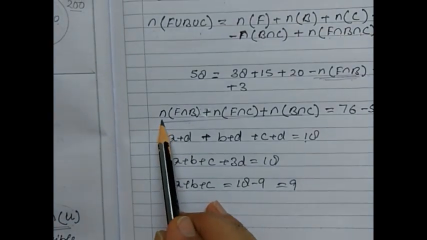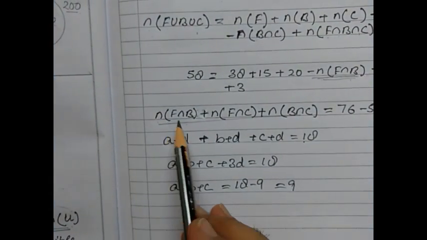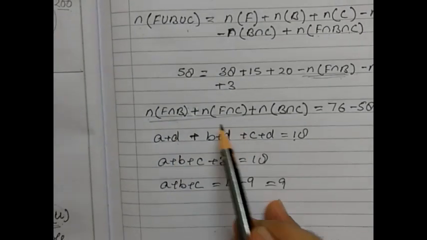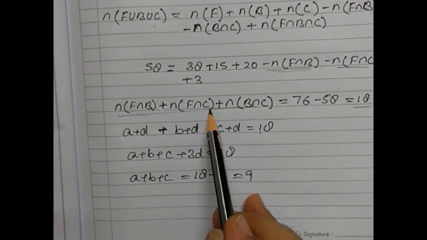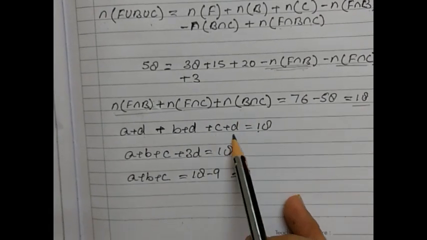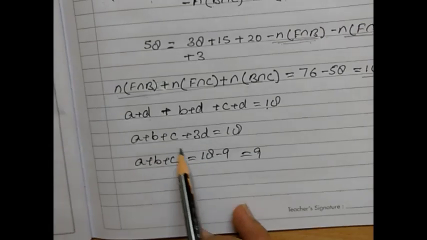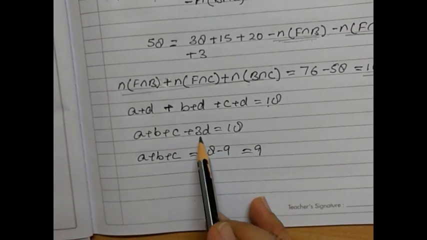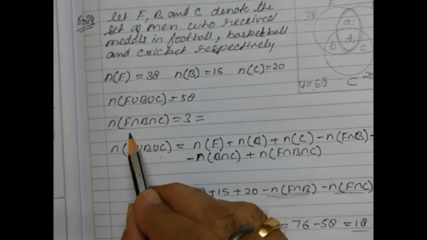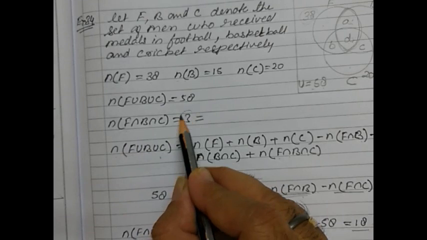The number of people who won the medal in football and basketball is A plus D. Similarly, football and cricket, B plus D. Basketball and cricket, C plus D. When we add it up, this will be 3D, and we know very well that the people who won the medal in all the 3 sports total 3.